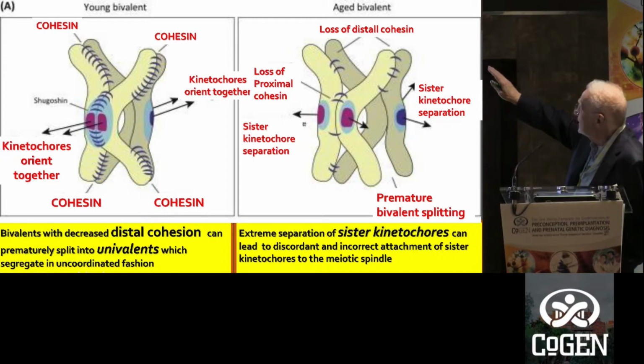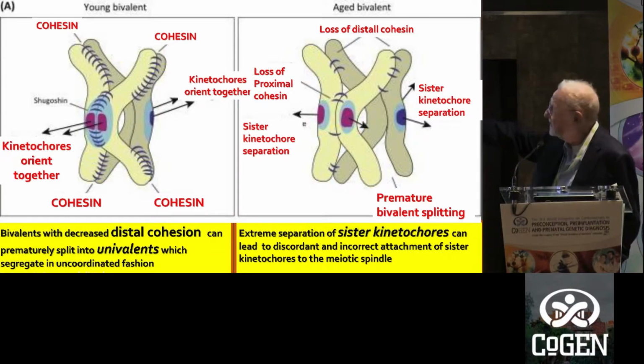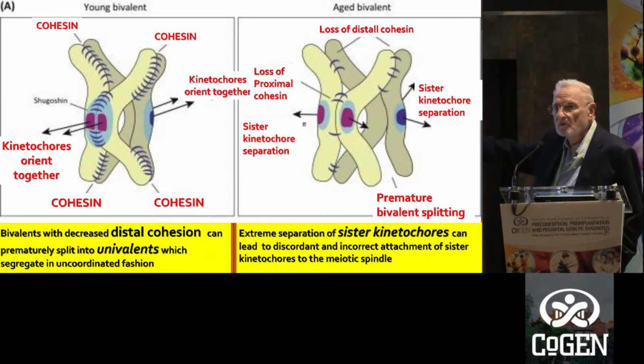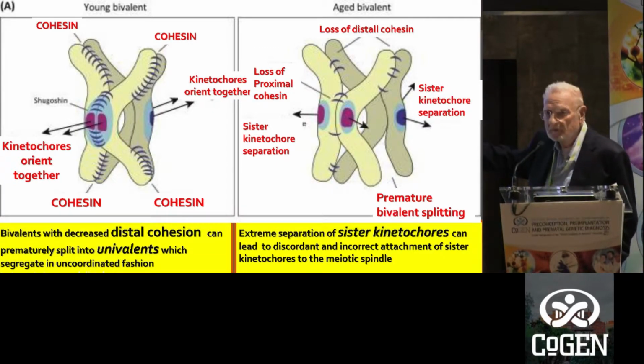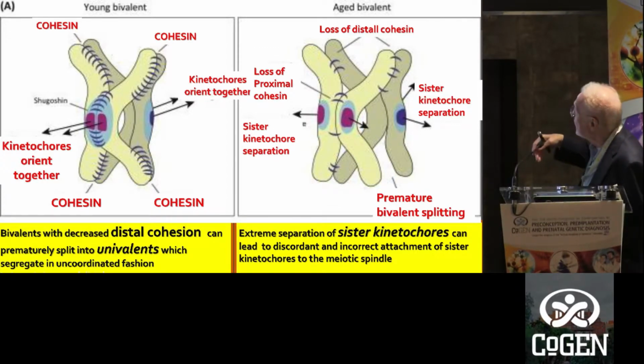One, a reduction in the amount of cohesion, both distally as well as particularly toward the centromere. And you will notice that the distance between the sister kinetochores separates, and this has been measured. That separation has been used as one major explanation for the age-related effect of certain chromosome abnormalities, such as trisomy 21.